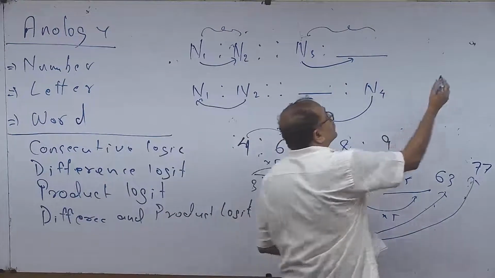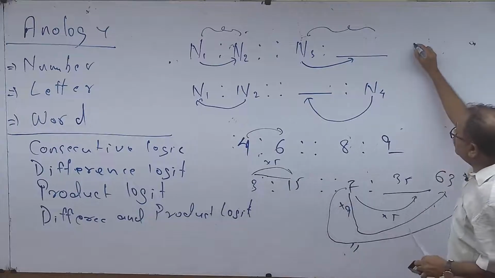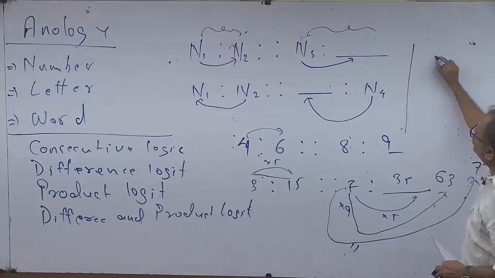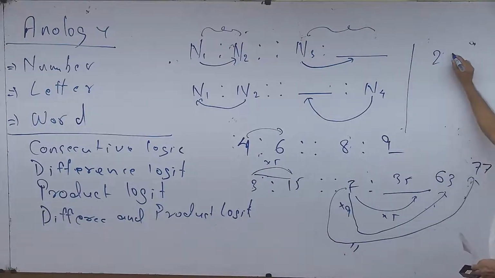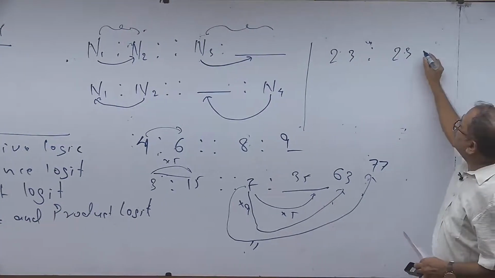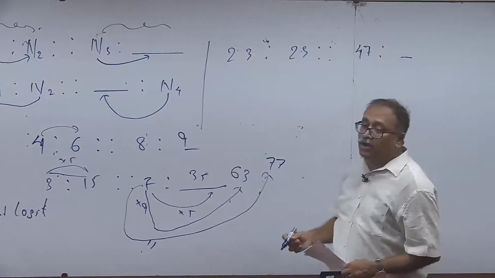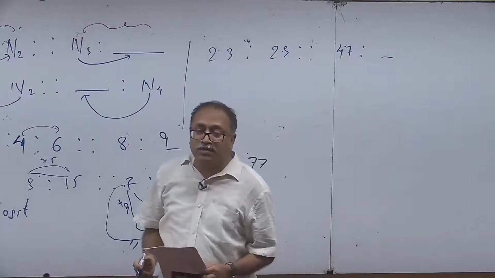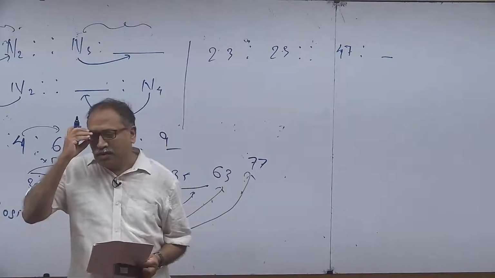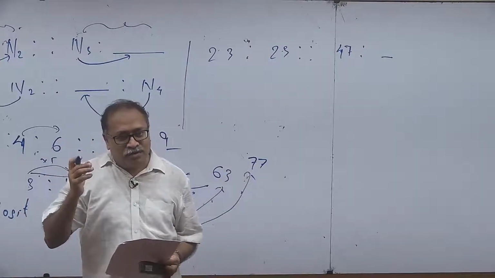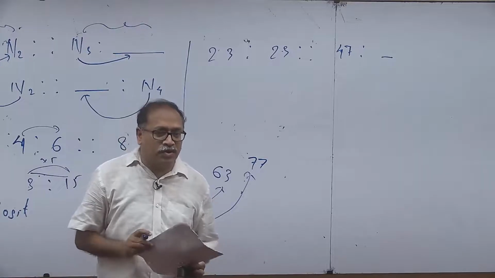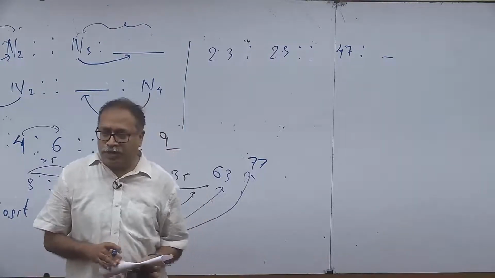For example, this is 23. If 23 is written as 23, then how will you write 47? You will obviously not expect that the answer will be 47, yes or no? So the questions could not be so easy. What else could it be?